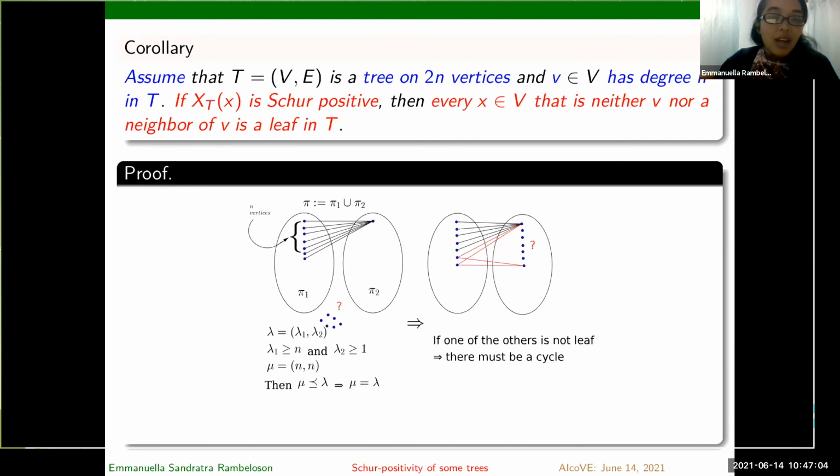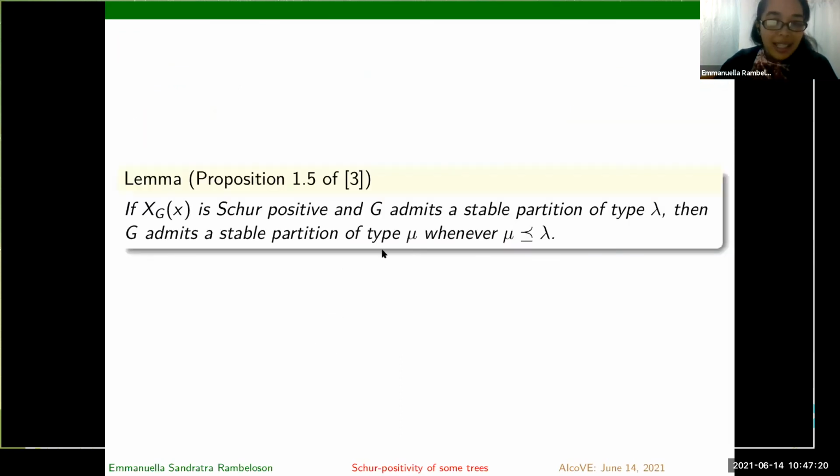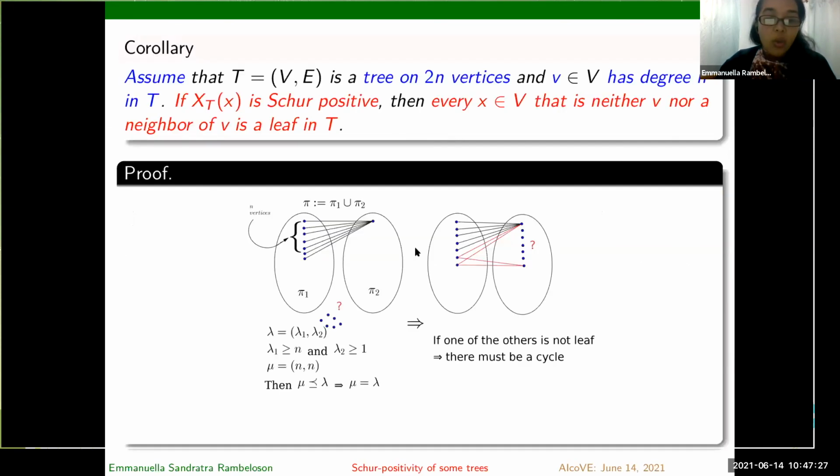And now I claim that lambda and mu are equal. Why? Remember that we assume the chromatic symmetric function of T is Schur positive, and that the tree T admits a stable partition of type lambda. Then we can use this lemma, which says that T must also admit a stable partition of type mu, since lambda dominates mu. More specifically, T admits a bipartition of type lambda, and T admits a bipartition of type mu.